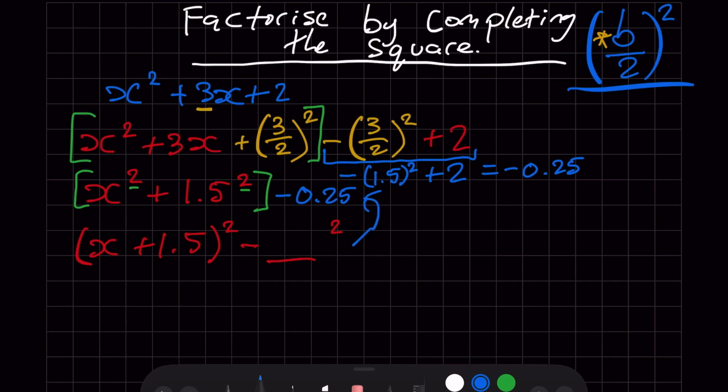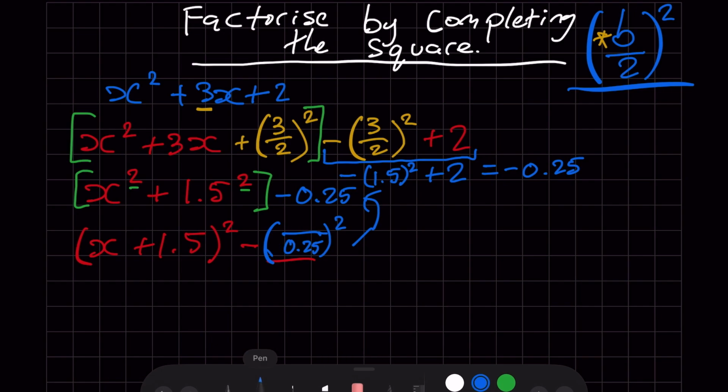So if we don't know, what we're going to do is put the square root of 0.25 in there and have that squared. If there are any questions where you do not know what number to write there, do the square root of that number. That's the number you will write if you do not know.